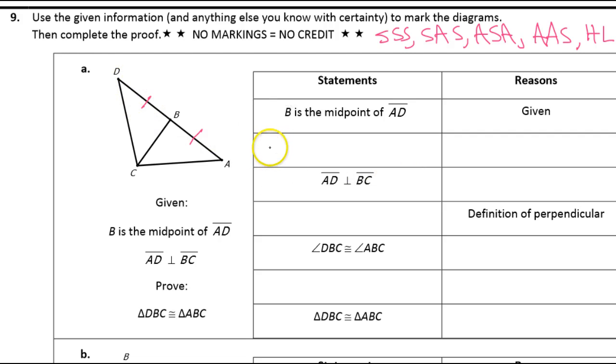We can say that DB is congruent to AB, and that's just the definition of midpoint. When you're asking yourself what the reason should be, look at the previous statement. B is the midpoint, so it's no surprise that the reason is going to be definition of midpoint.